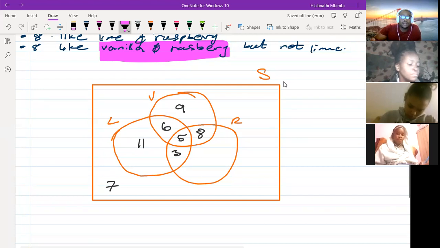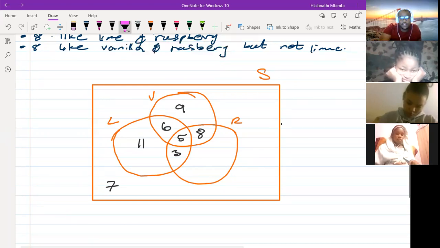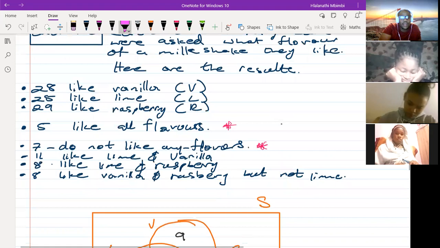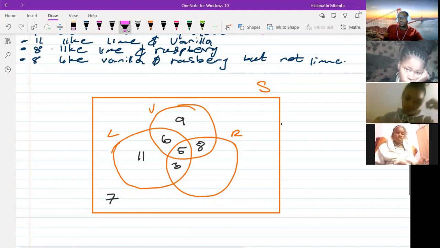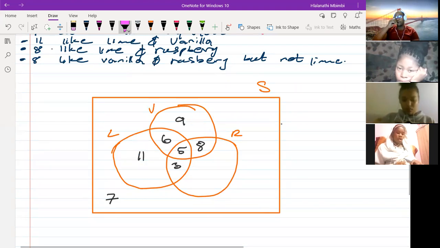So guys, can you please calculate what's going to happen with the raspberry there, given how many people like raspberry? 29. Please calculate for me what the value there will be.